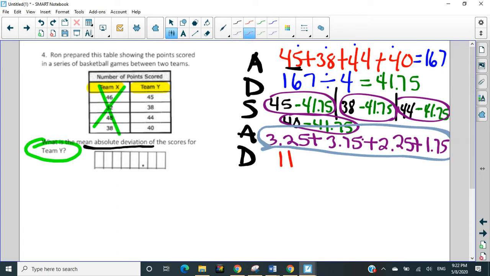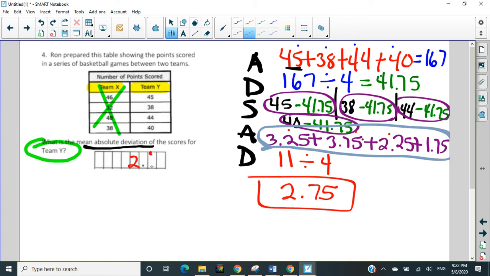So 11 divided by 4 numbers, it's going to give me 2.75. And that is your final answer. Okay, 2.75. All right, moving on to the next one.